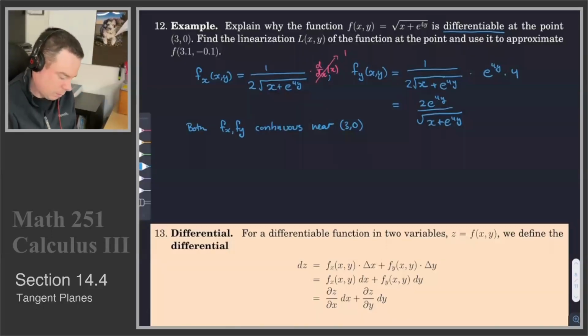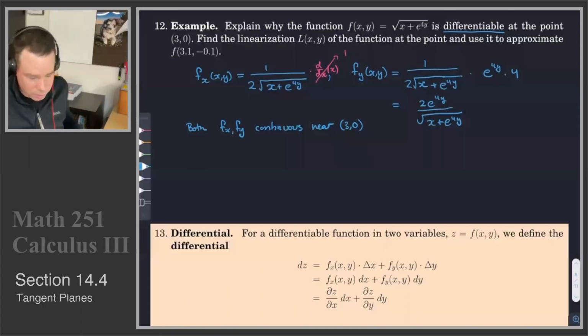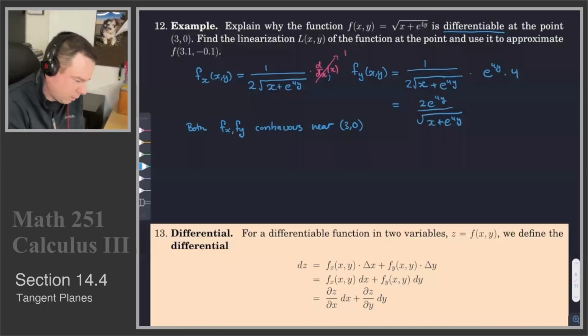We've got some denominators there, but they are not even close to being 0. The square root function is continuous, x is continuous, e^(4y) is continuous, so all of that together is continuous. The denominator is nowhere near 0 because we're plugging in (3, 0), and that's close to 2. So everything is looking really nice here. Because both the f_x and f_y derivatives are continuous, therefore f is differentiable.